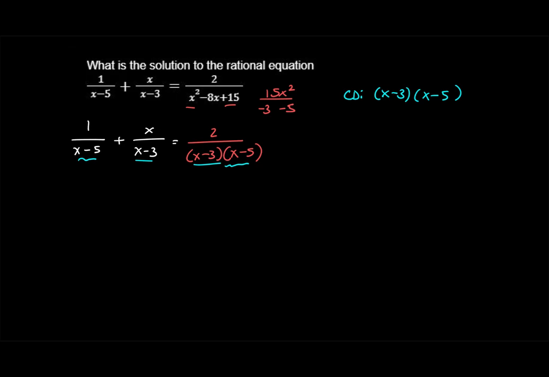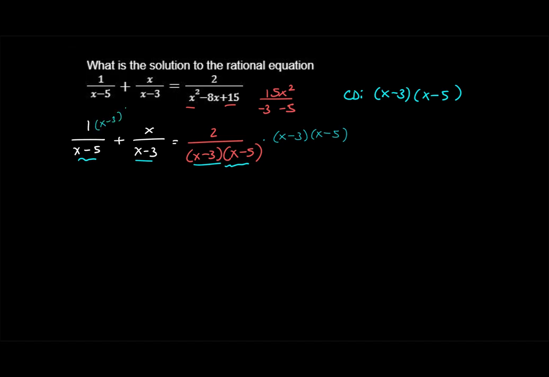Since we have our common denominator, we're going to multiply both sides by that common denominator. So I'm going to multiply the right side by x minus 3 and x minus 5. However, since there are 2 separate fractions connected by addition, on the left side, we end up having to distribute what we're multiplying by through both fractions. So I'm just going to multiply each one here individually.